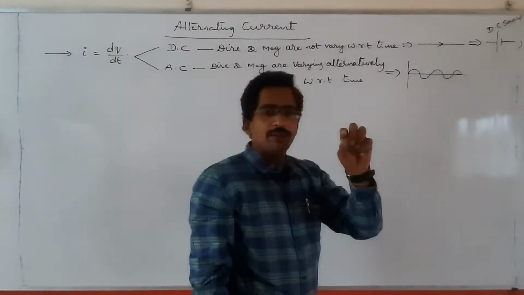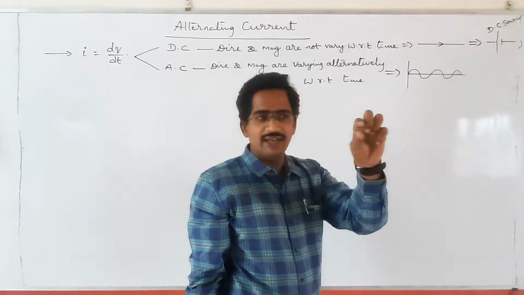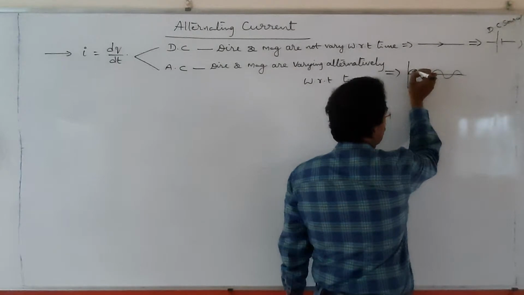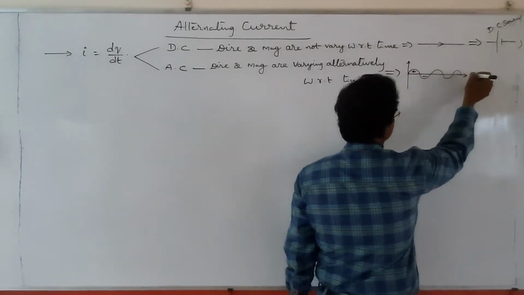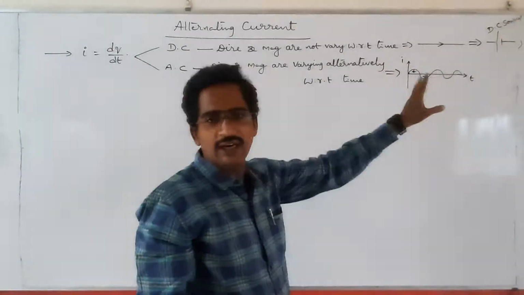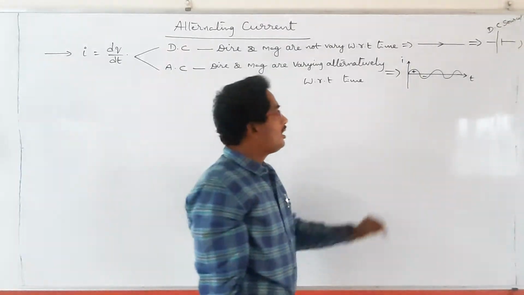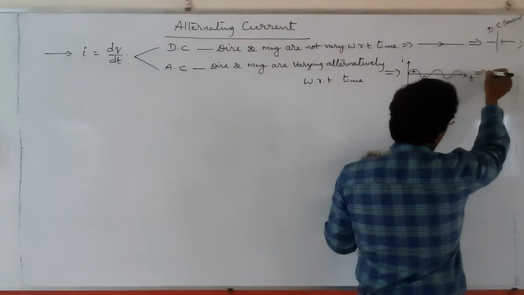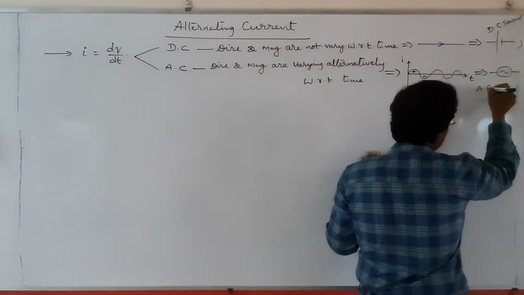This current sometimes flows in the positive direction and again comes back in the negative direction, a consistent positive half cycle and negative half cycle. This is the variation of current with respect to time. This AC is generated by an AC source, which you know well, the AC generator.